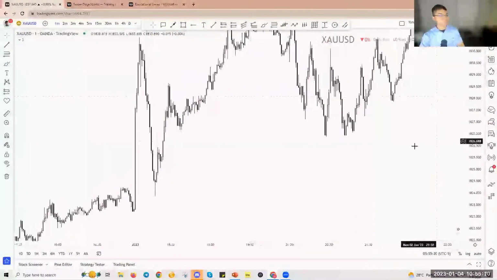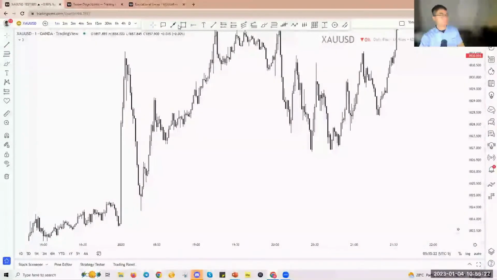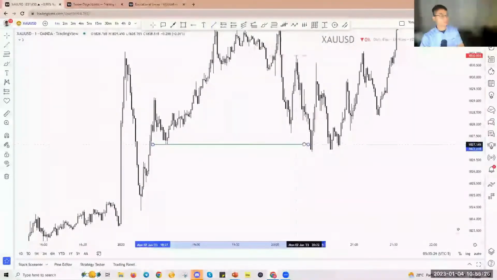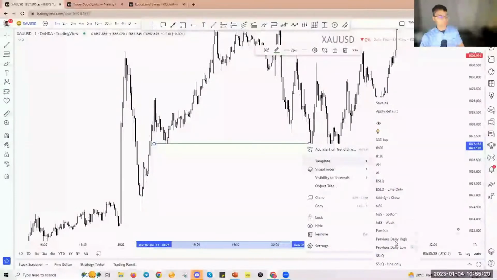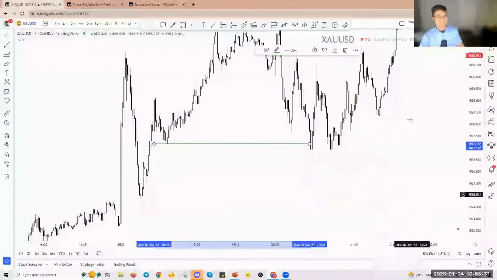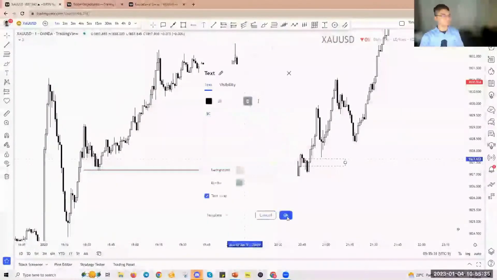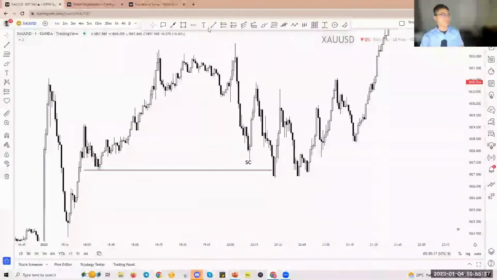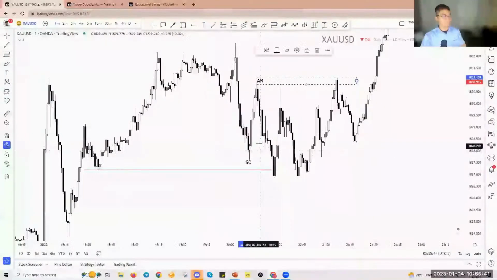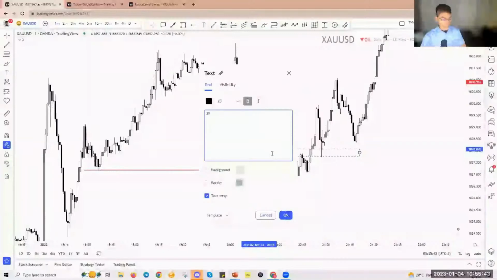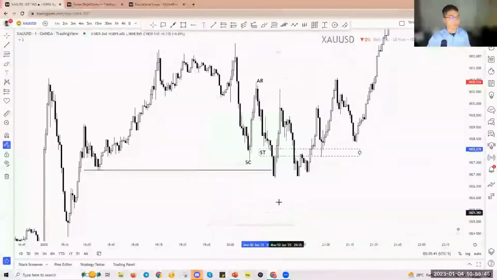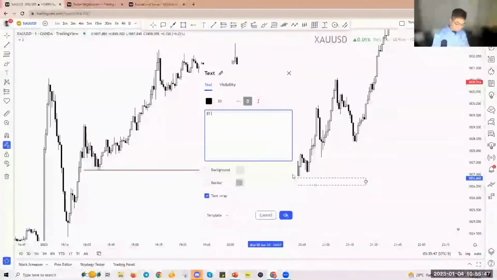So price actually went down to clear out the liquidity hotspot, the equal lows right there. I'll just label it out, line only. So next we have the SC, AR, ST. So just now I told you guys that on Go, sometimes the ST and STB are connected.